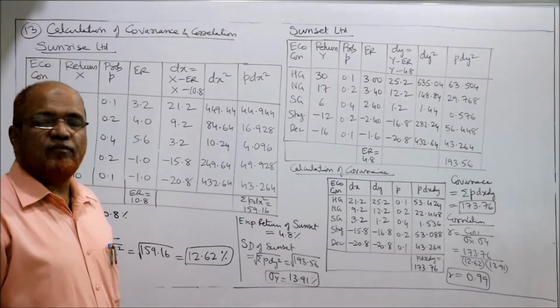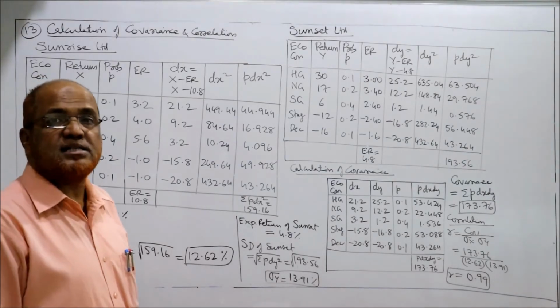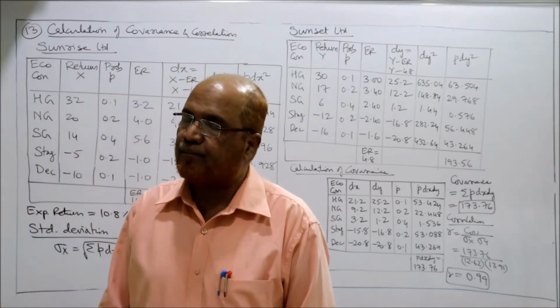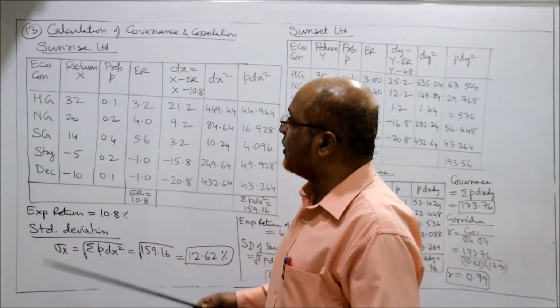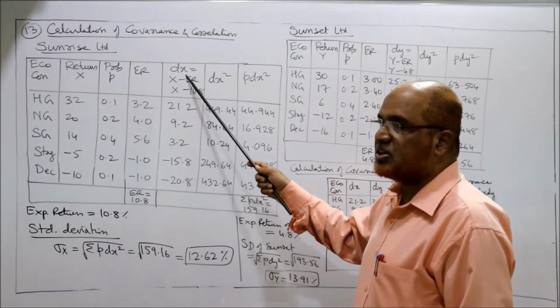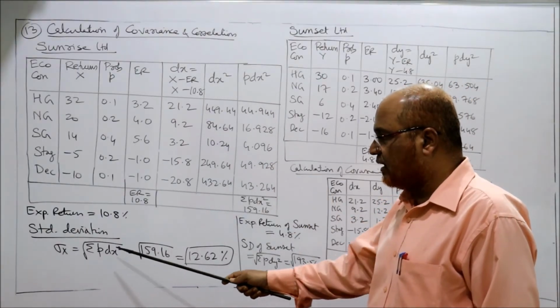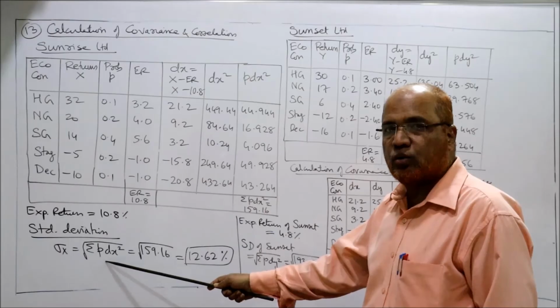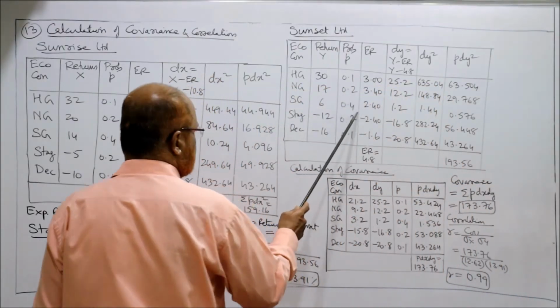So in this problem we have calculated covariance and correlation, but the returns are given ex-ante, future returns. If future returns are given, we find it this way. First the expected return, then the deviations dx, dx square, p dx square. The formula for standard deviation is square root of summation p dx square, 12.62. Same procedure for Sunset Company.